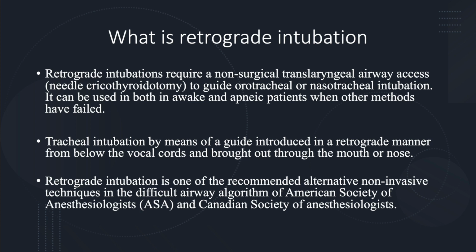Retrograde intubations can be used in both awake and apneic patients when other methods have failed. It is a tracheal intubation by the means of a guide introduced in a retrograde manner from below the vocal cord and brought out through the mouth or the nose.